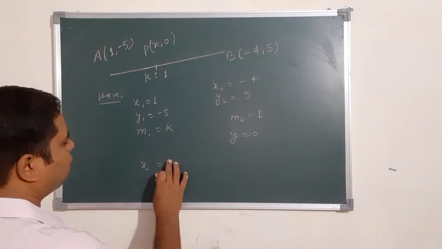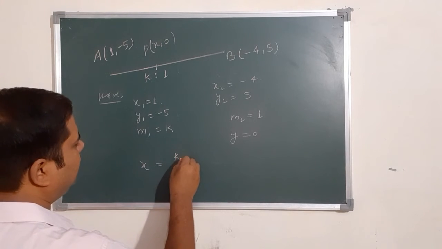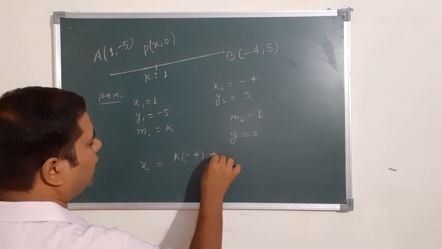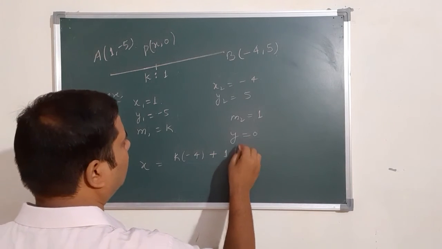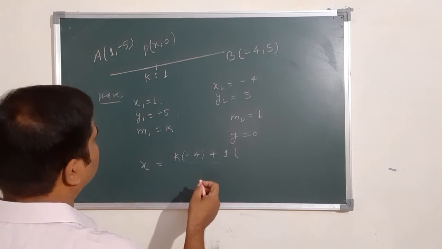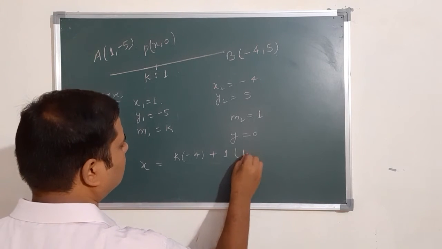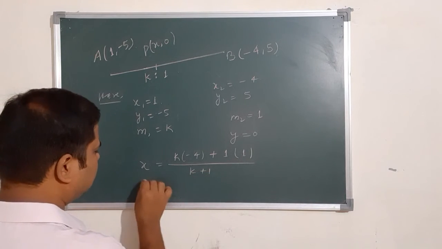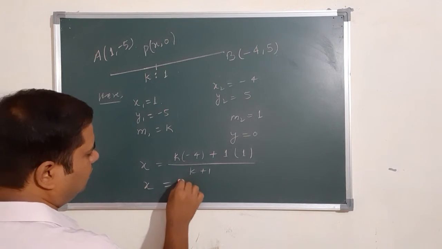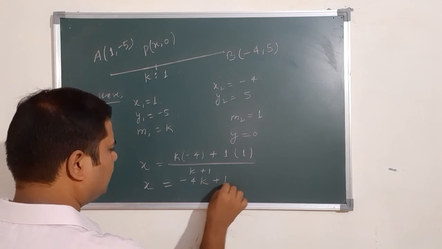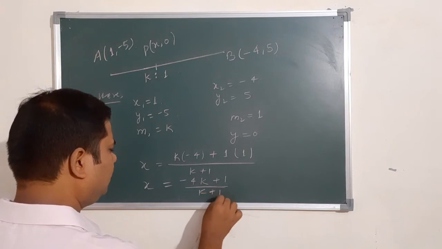So m1 x2: m1 is k, x2 is -4, plus m2 is 1 and x1 is 1, divided by k plus 1.